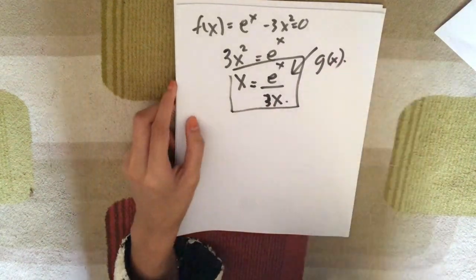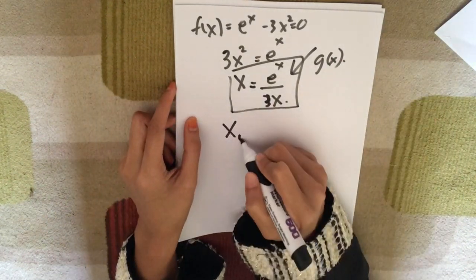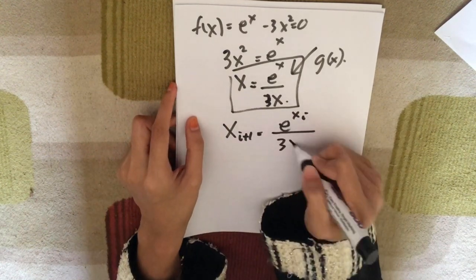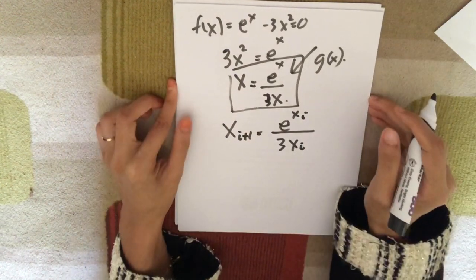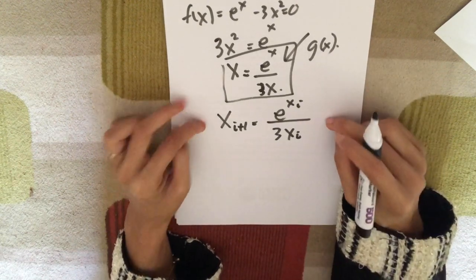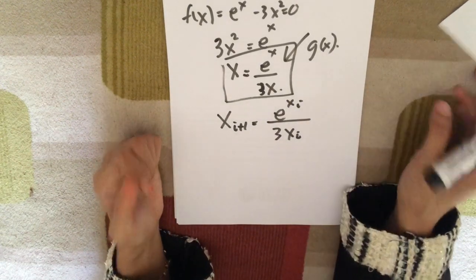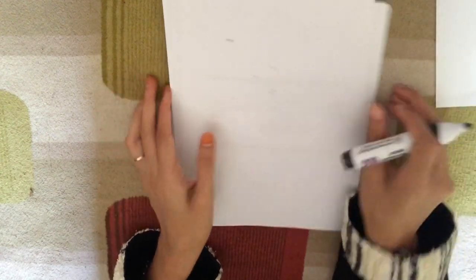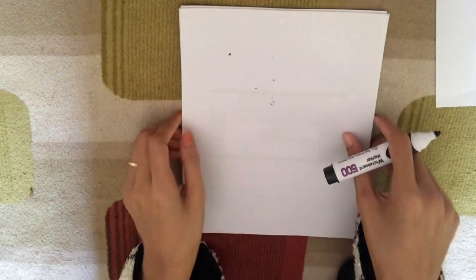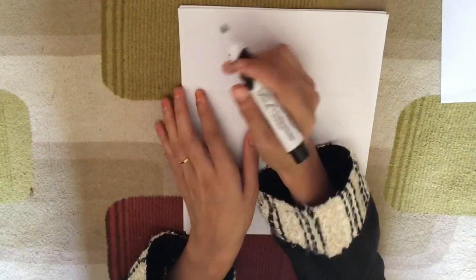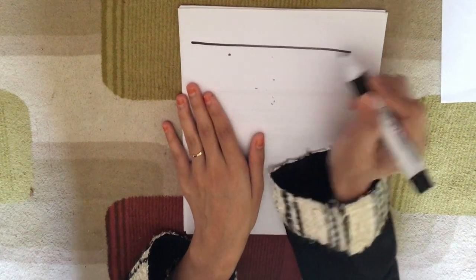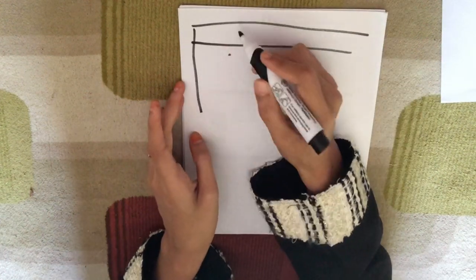So your equation or your formula will be like this. You will use this formula to iterate your calculation. To calculate it, same thing like the previous one, I suggest you write it in terms of a table.